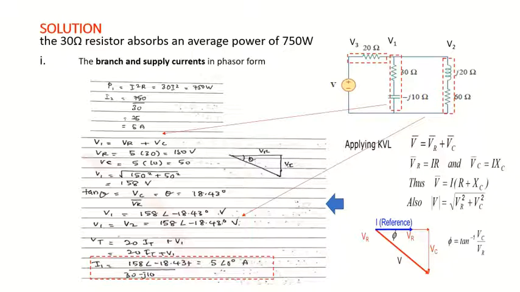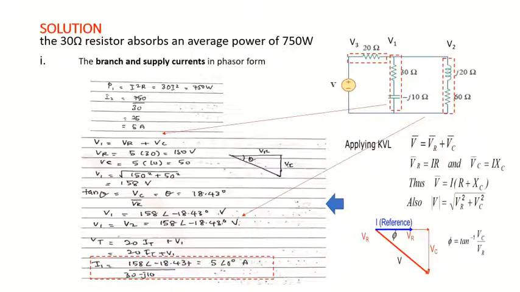So the branch and supply voltages. First, with the information of the average power, 750 watts, which is equivalent to P1 for branch 1, which is also equivalent to I1 squared times R.